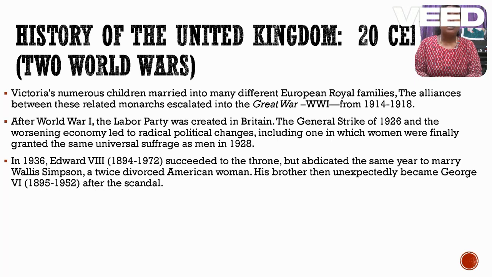Why? Because Britain woke up from all the crises, like the oil crisis, the industry crisis, everything. So this century, the 20th century, seems to be a very precious century for Britain.